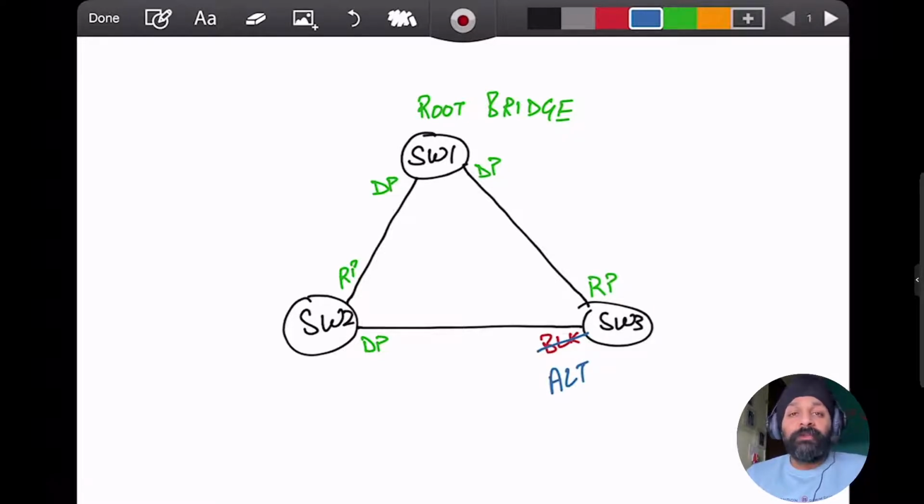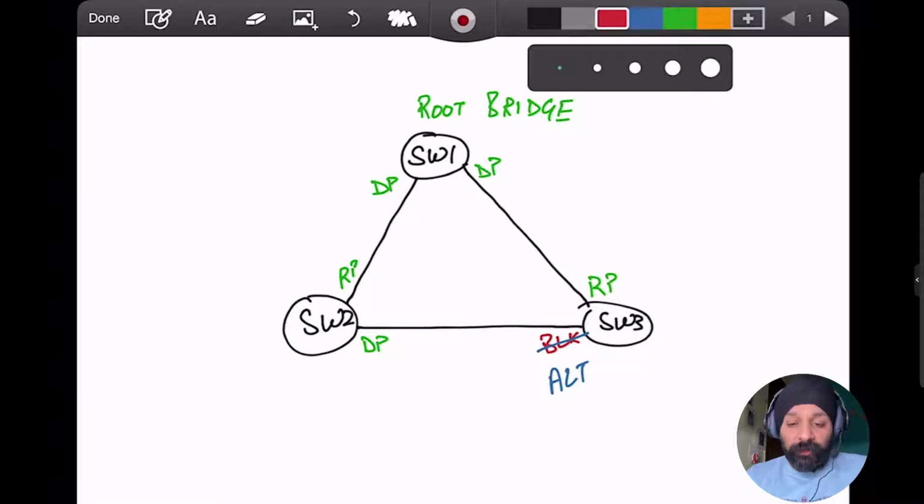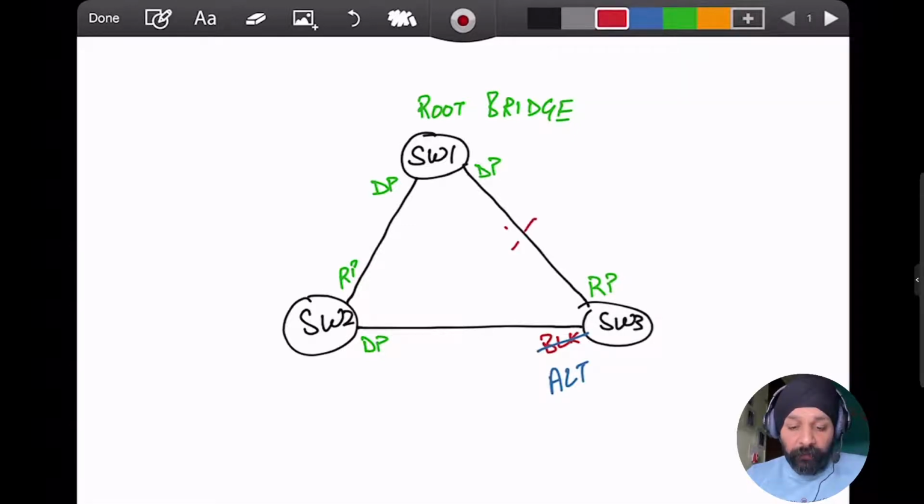So in case of switch 3, if the link between switch 1 and switch 3, which is directly connected, goes down, that means this goes down, this automatically becomes the root port. The switch doesn't have to wait for this to come into the root port status. Why? Because the alternate port status is already there. Although the traffic is blocked in a blocking state, that means there is no traffic flowing from this direction to this while it is in the alternate port state.